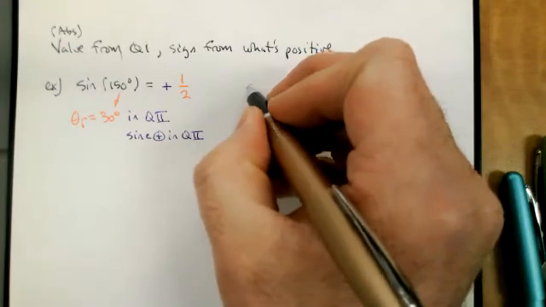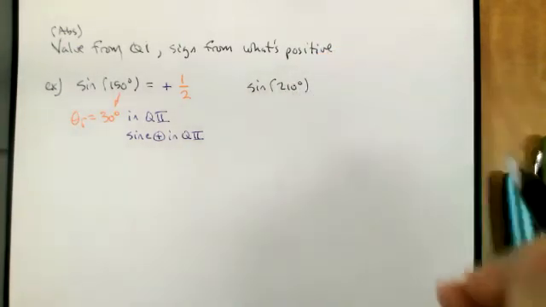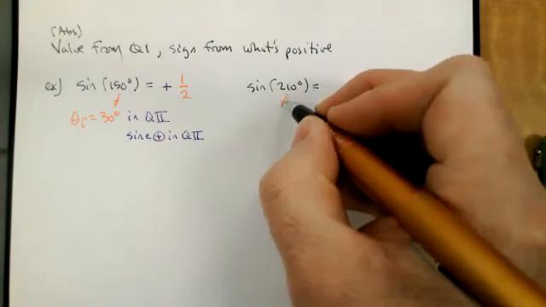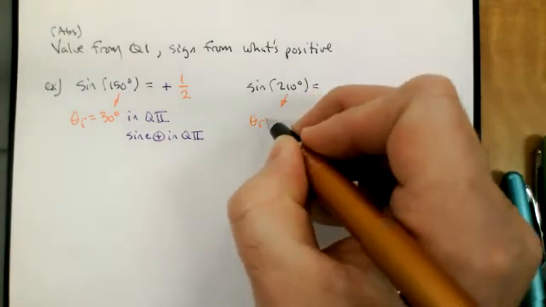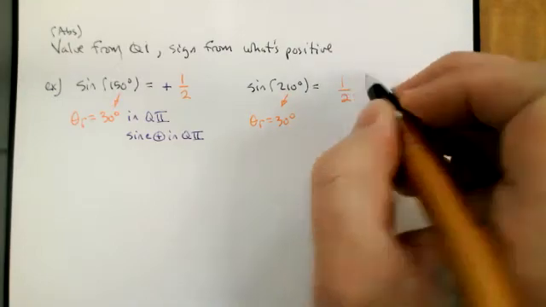If we wanted to know the sine of 210 degrees, we know that 210 is in the third quadrant, and we have a 30-degree reference angle. So that tells us the value is going to be 1/2.